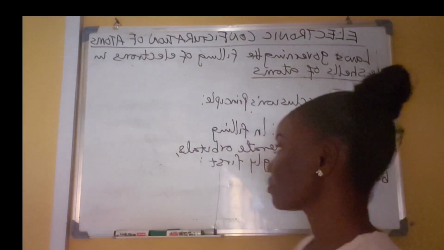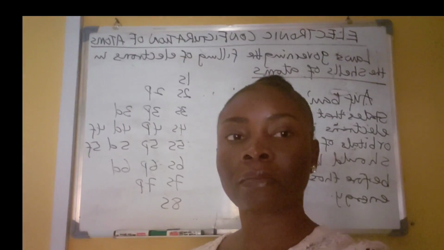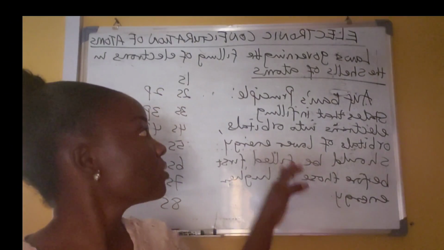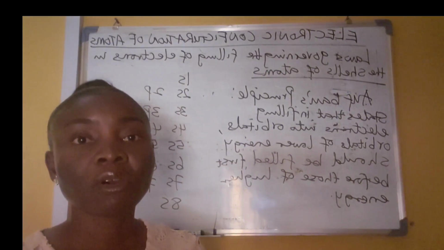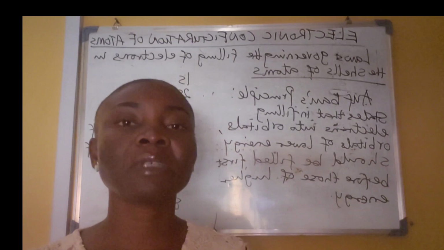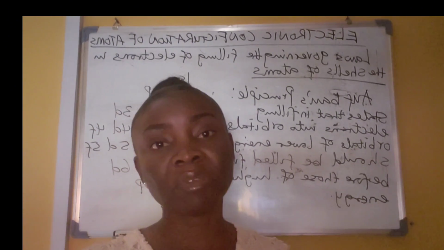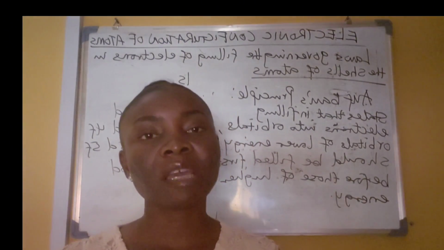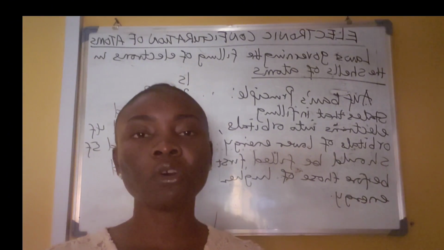Aufbau's principle says that to fill electrons into orbitals that have different energies, you should fill the lower energy orbitals first before those of higher energy. This is very applicable in our families when we want to show love to children.